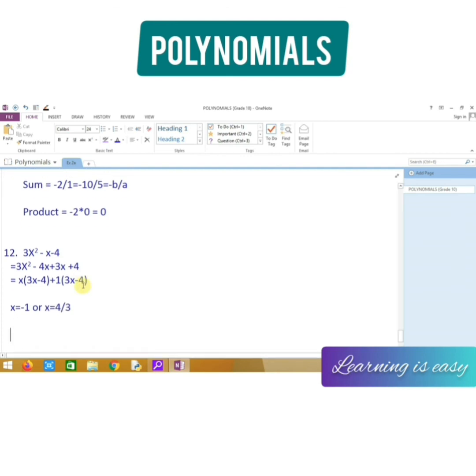We can verify the sum of zeros and product of zeros. Sum of zeros is going to be 4 minus 3 by 3, so that's going to be 1 by 3, which is of the form minus b by a.